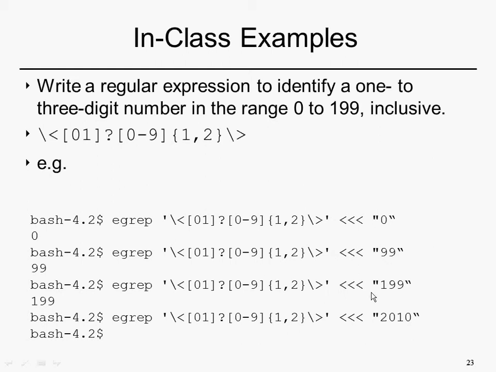So what if we had 19? Instead of 199, what if it was 19? Which parts of this would be matched? How many people say the middle part twice? How many people say the first part of the middle part once? Yeah, that's what it is. It's greedy.